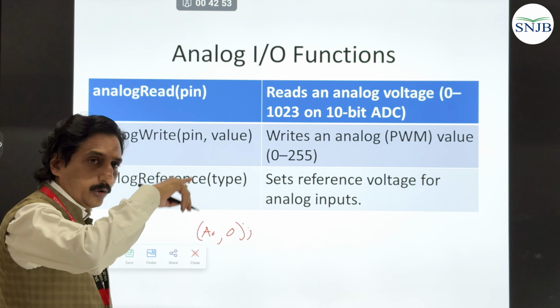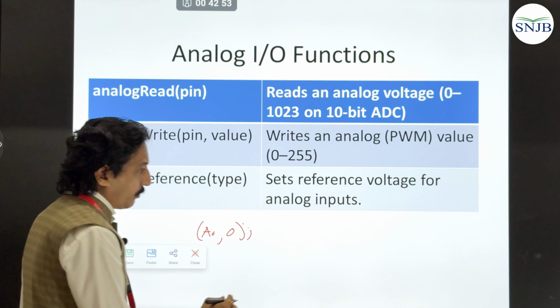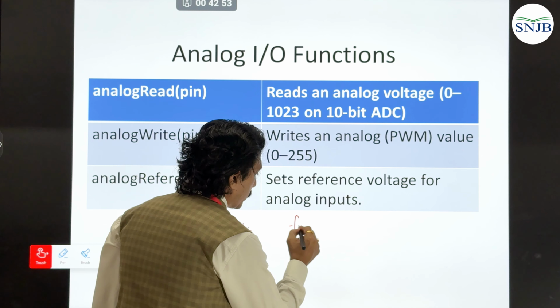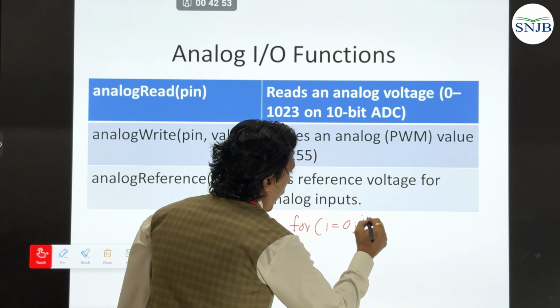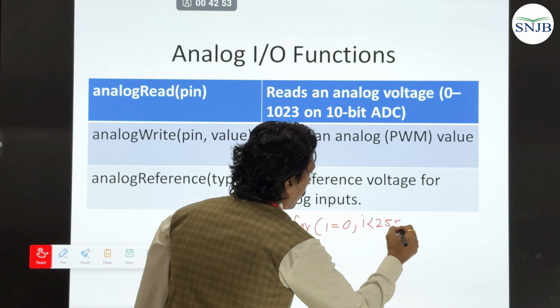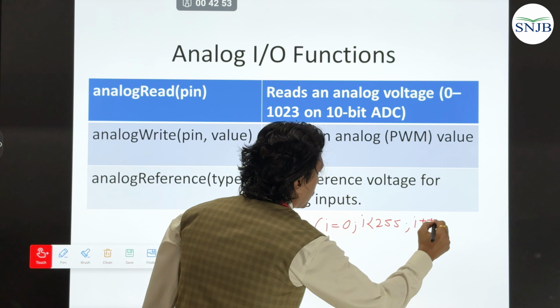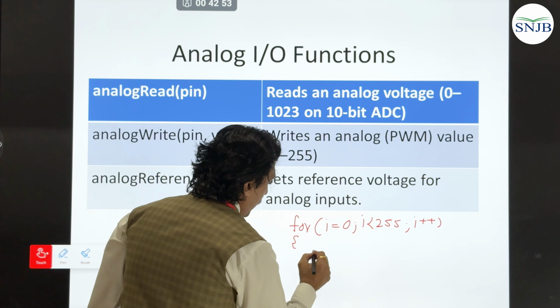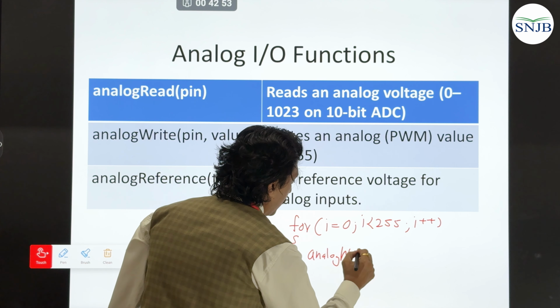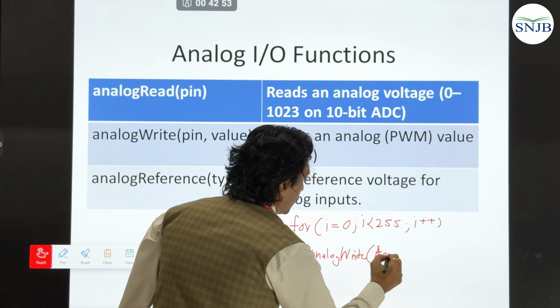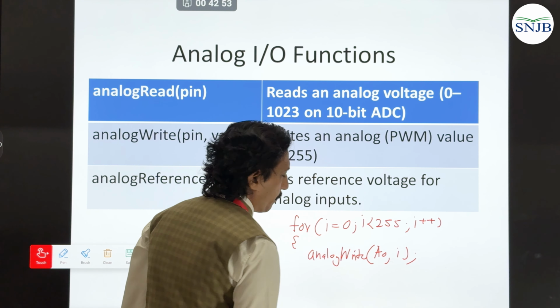So if you would like to create a waveform, we have to use for i equal to 0, i less than 255, i plus plus, and analogWrite on, suppose, analog pin 0 the value of i.